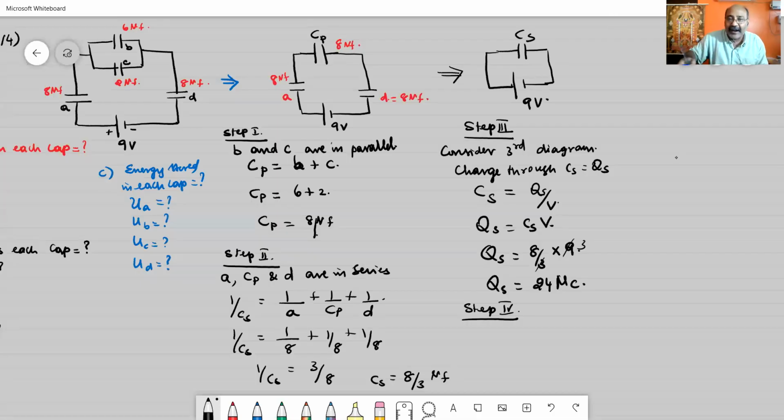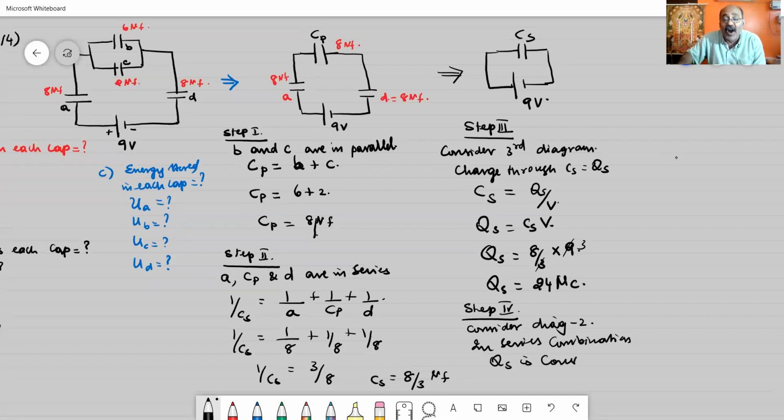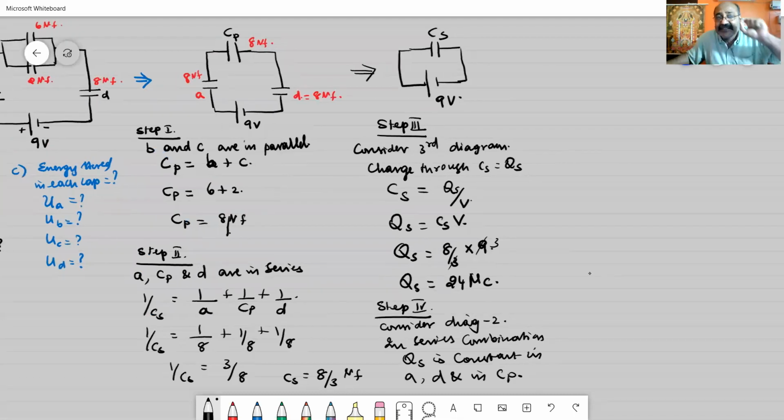Step 4: consider diagram 2. In a series combination, the charge Qs is the same, or constant, in A, D, and CP. Since A, CP, and D are in series, the charge in A, the charge in D, and the charge in CP are the same.